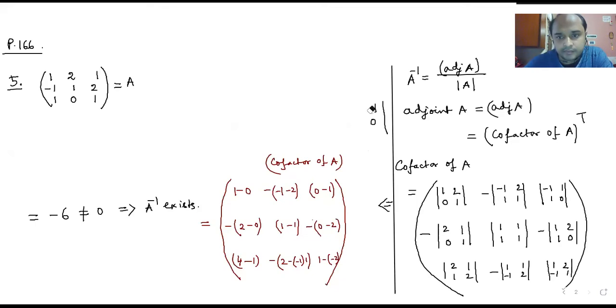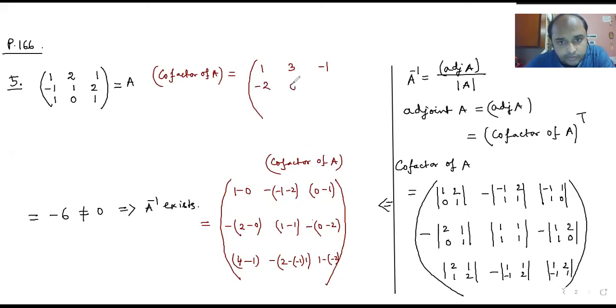Your cofactor of A thus becomes 1 minus 0, that is 1, that is -3. So 1 minus of -3, that is +3. 0 minus 1, that is -1. That would be -2.